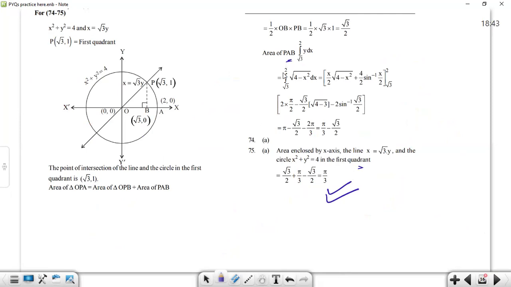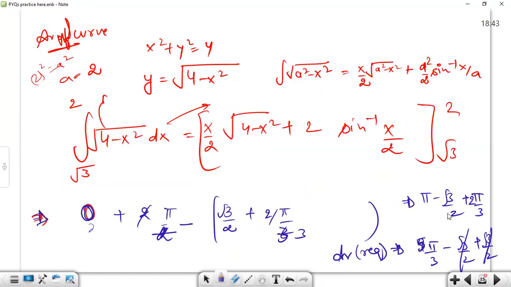Now the area of PAB is pi by 3 minus root 3 by 2. Okay, I guess we have made a mistake. There's a minus sign with 2 pi by 3, so 3 pi minus 2 pi will make it pi by 3.